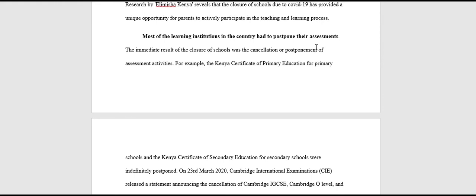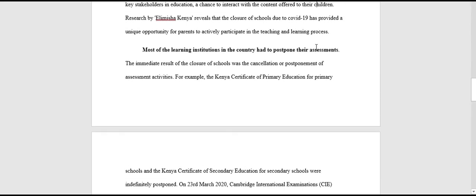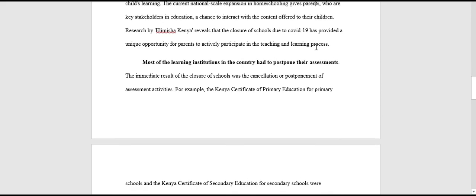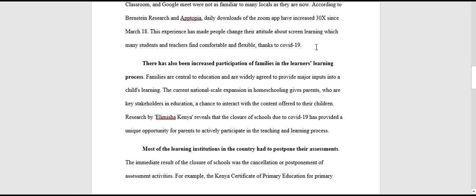We have said in our discussion that in the body, every paragraph must communicate a separate idea. Now, that is demonstrated. This paragraph is talking about postponement of assessments. Then we have another paragraph here talking about increased participation of families in the learner's learning process.